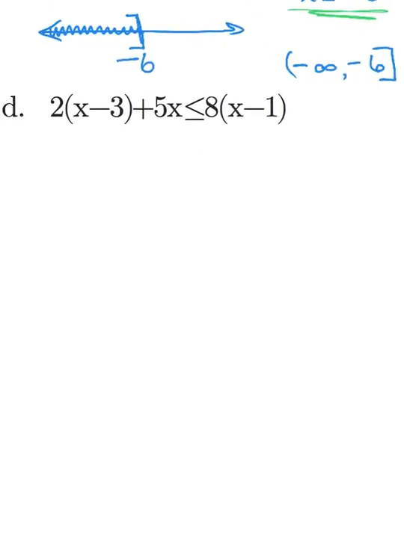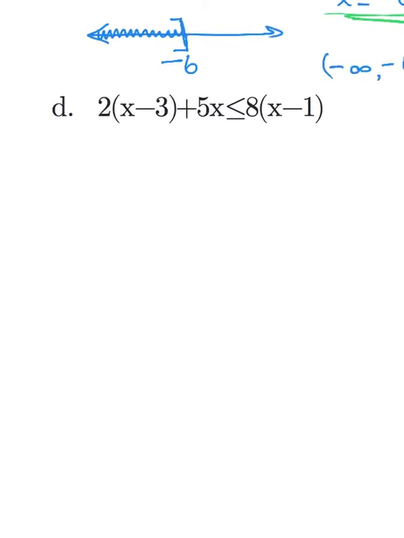So for example D, the first thing that we want to do is we want to go ahead and distribute to clear the parentheses. If we do this, we get 2x minus 6 plus 5x is less than or equal to 8x minus 8.